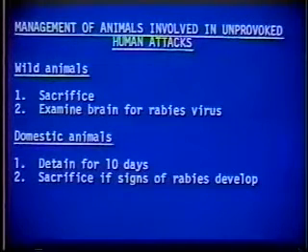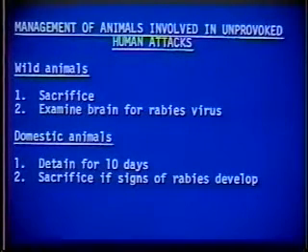If it is a domestic animal, the first step is that this animal is detained for 10 days. The reason for the 10 days is that if the attack occurred as a result of rabies infection, then within those 10 days, that animal will continue to show clinical signs of rabies.